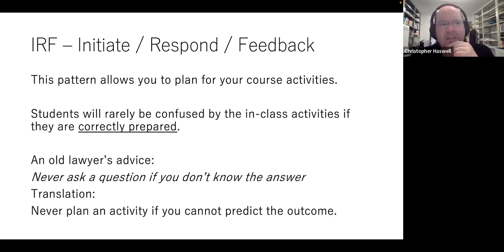If it goes 50%, then it could be the students were having a bad day, or one of the people hadn't done the preparation or something like that. So always be ready to change if necessary, but students are rarely going to be confused if the in-class activities are correctly prepared, and if they come from a place where they understand that you're thinking about them.